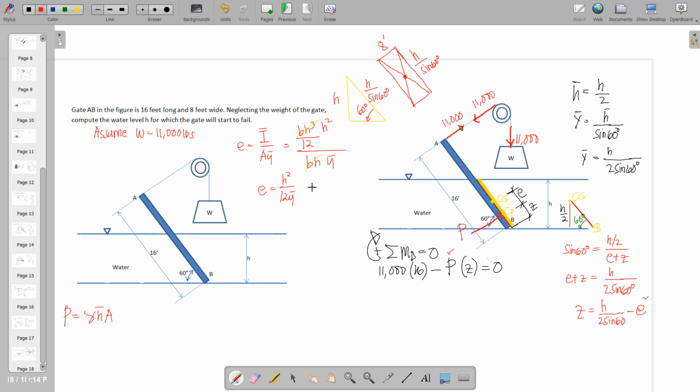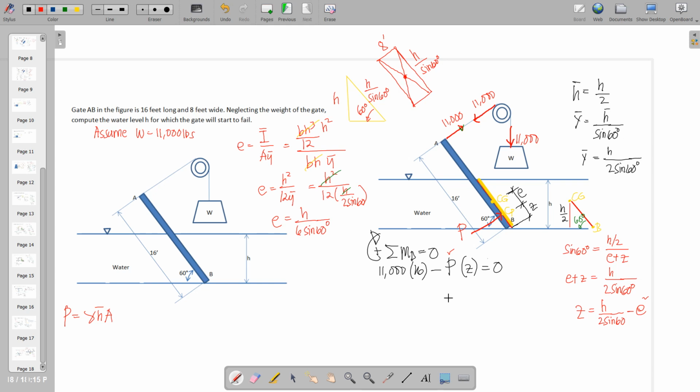So by that, we substitute the value of H squared, that is 12, and Y bar is H over 2 sine of 60. We can actually cancel one of the H, hence we have 12 over 2 is equal to 6. Therefore, E would simplify to H over 6 sine of 60 degrees.